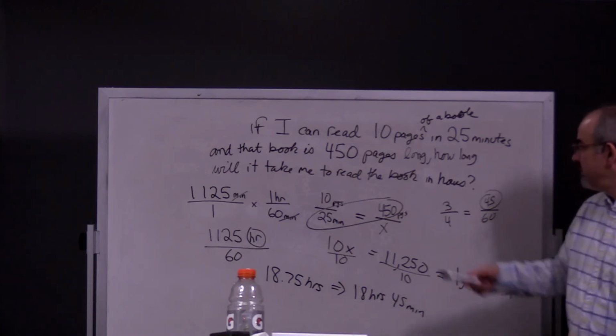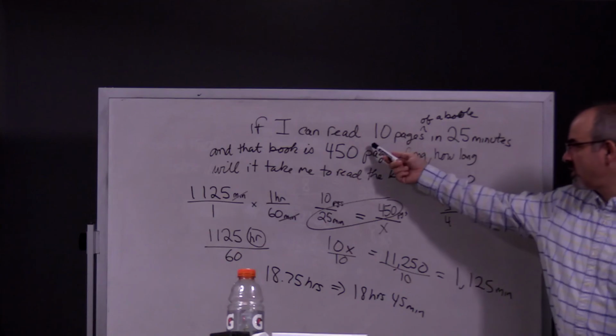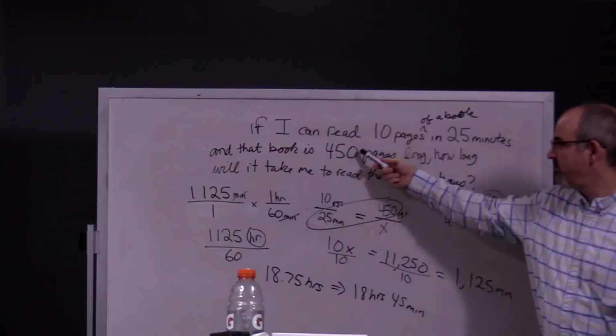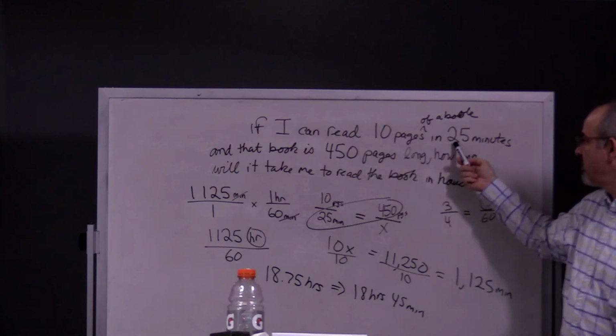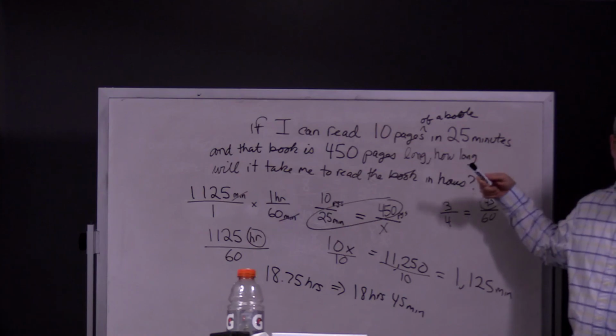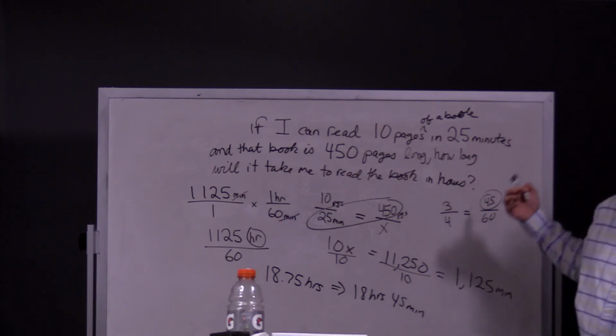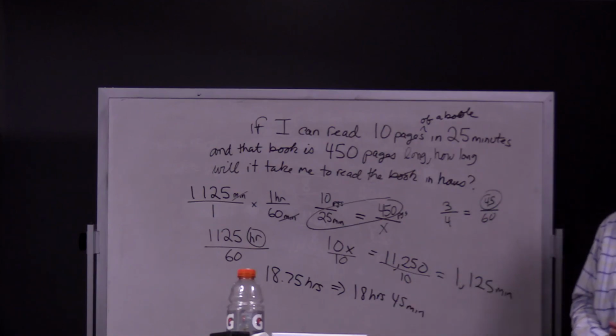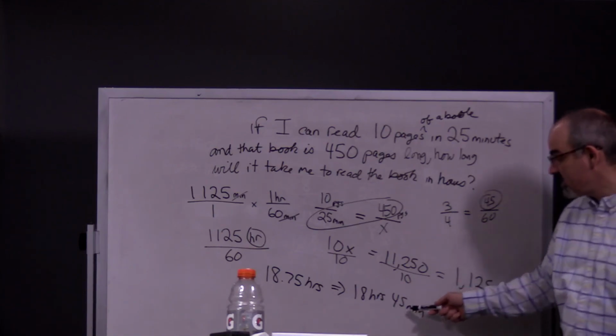But 450 is 45 times more than 10. So 45 times this is almost a half an hour. So 45 times a half an hour would be 22.5 hours, which is kind of close to that. So yeah, this is the correct answer.